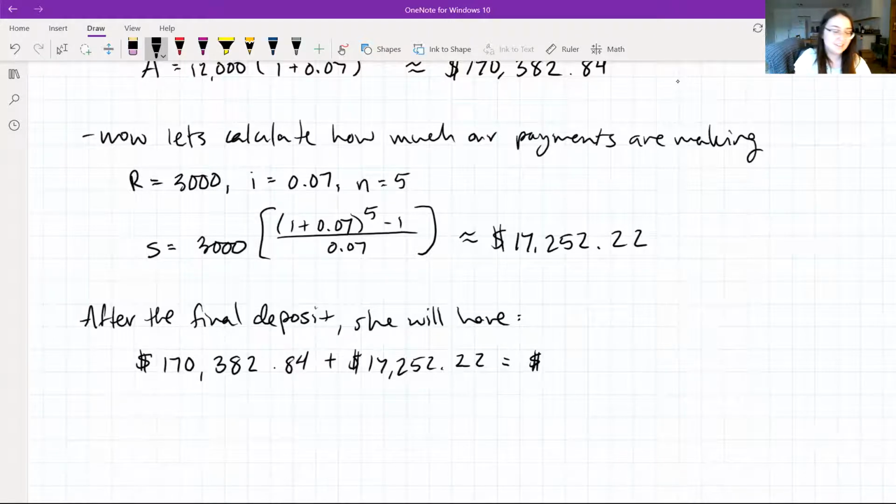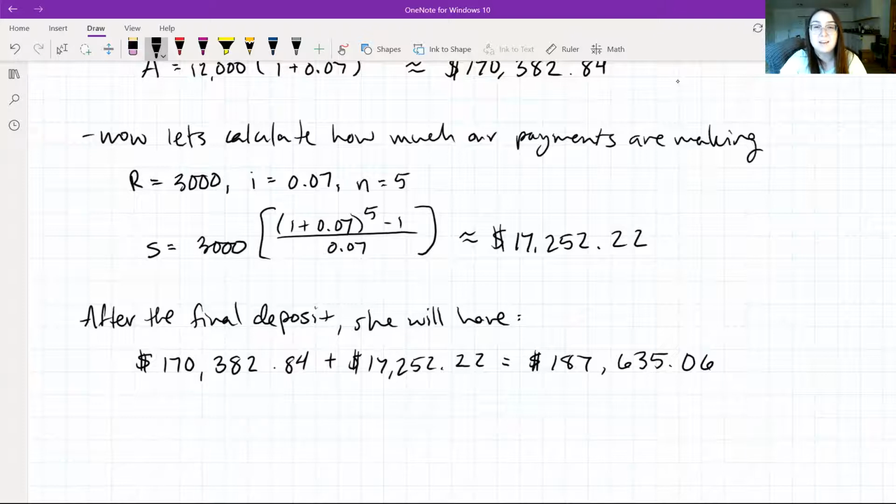So we add these values up, and what we end up getting is $187,635.06. So we know this is the value that she will have in her account at the end of 5 years.